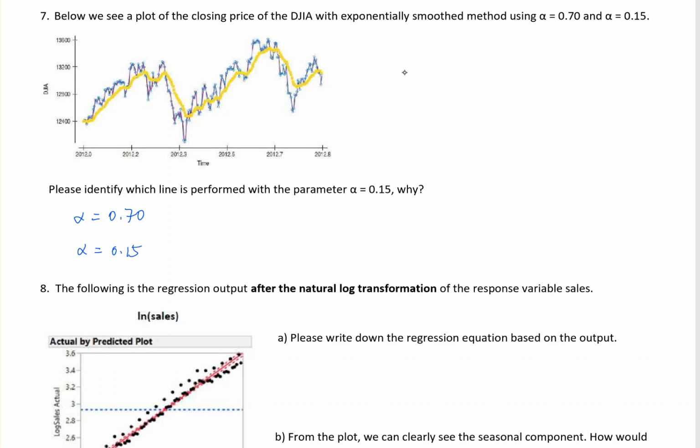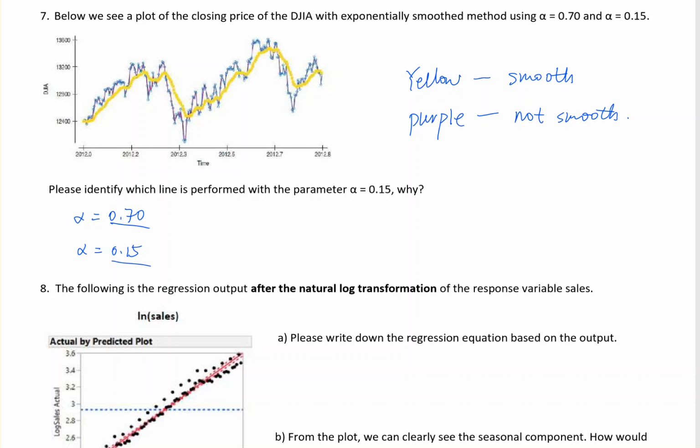The yellow line is very smooth, and the purple line is not as smooth as the yellow one, so it can react to rapid change very quickly.